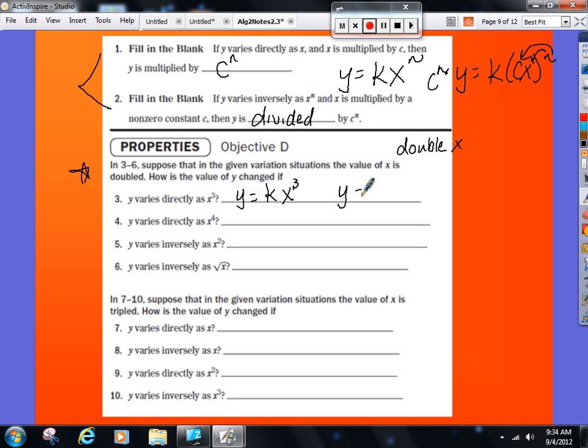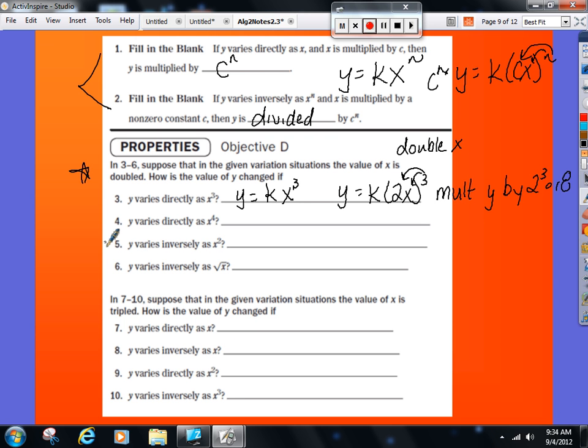Well, that gives me y equals k times 2x to the third. So what did I actually do? I multiplied the right side of this equation by 2 to the third power, which is 8. So I have to multiply y by 2 to the third, or 8.